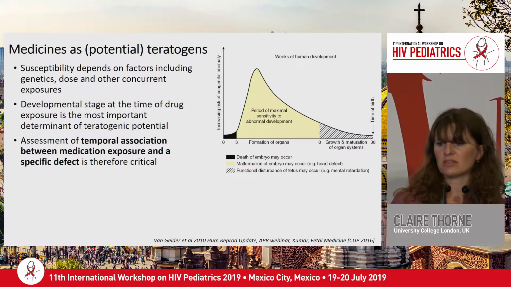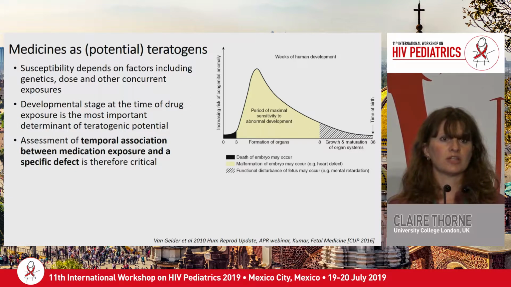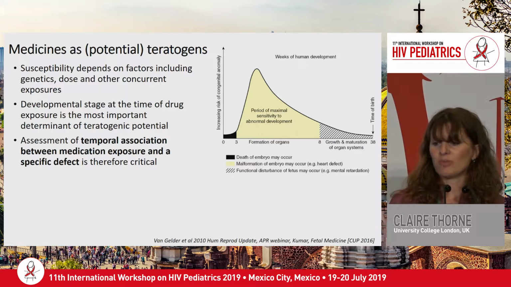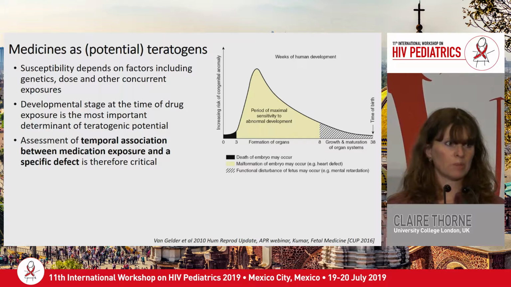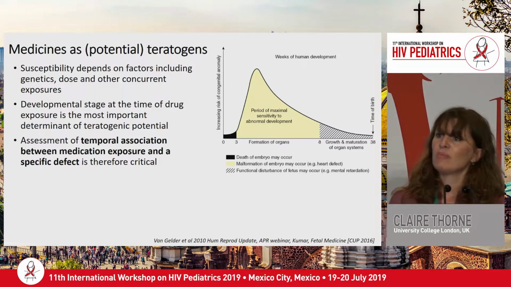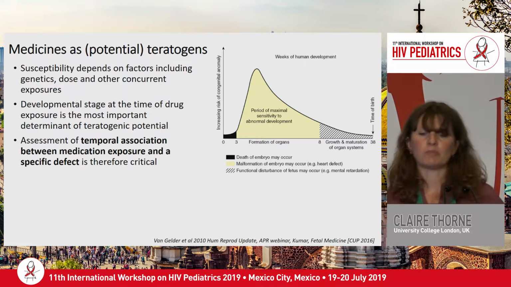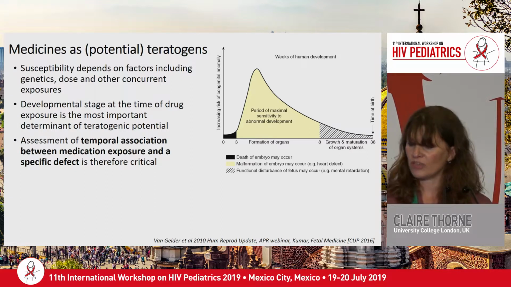So in terms of medicines as potential teratogens, susceptibility depends on a number of factors. This may include genetics, dose of the medicine, and other concurrent exposures. The developmental stage at the time of drug exposure is the most important determinant of teratogenic potential, as you can see from the figure on this slide.